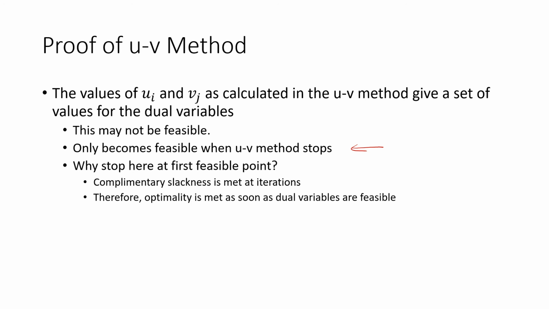We know that the primal point is feasible, but we don't know if the dual point is feasible. When all of those Cijs are positive, then we have a point for our dual that is feasible.